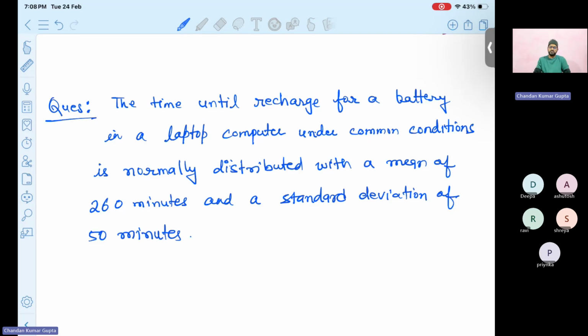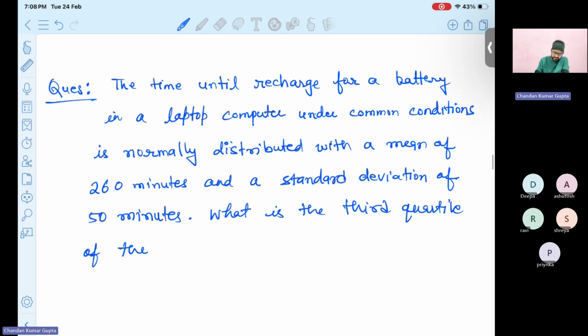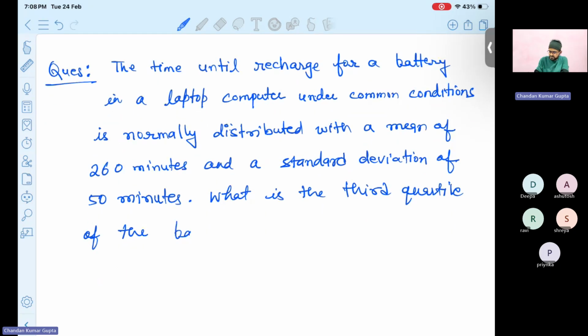Then what is the third quartile of the battery life? We need to find the third quartile of the battery life.